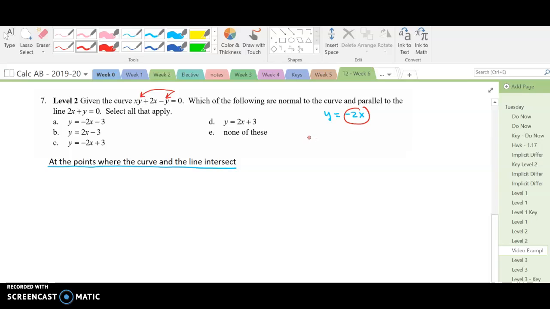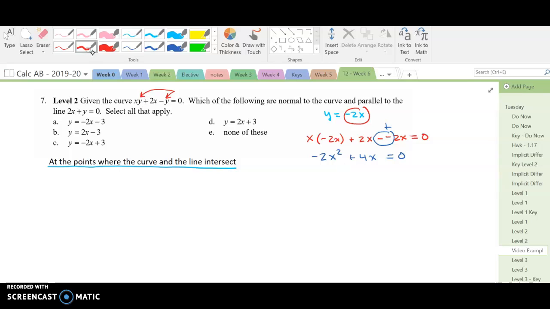And so rewriting, I have x times negative 2x plus 2x minus a negative 2x equals 0. As I look at this, then I have negative 2x squared. This is a plus, so we're looking at plus 4x equals 0.